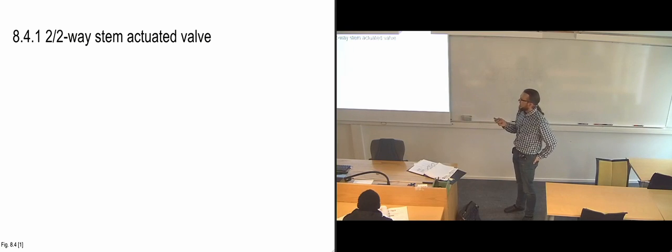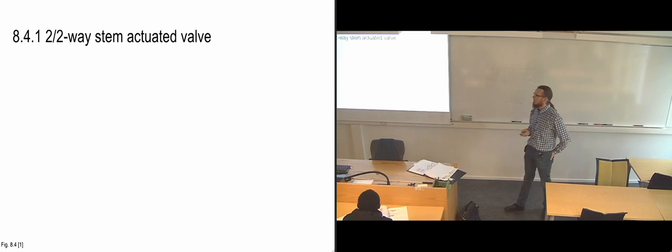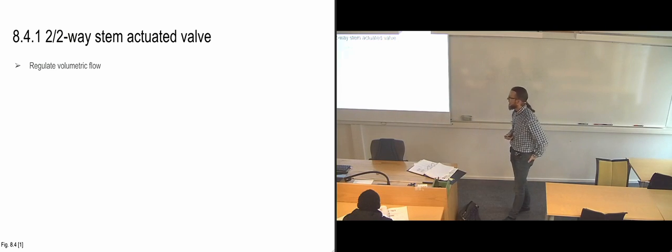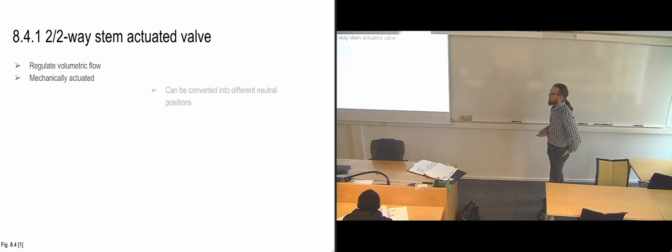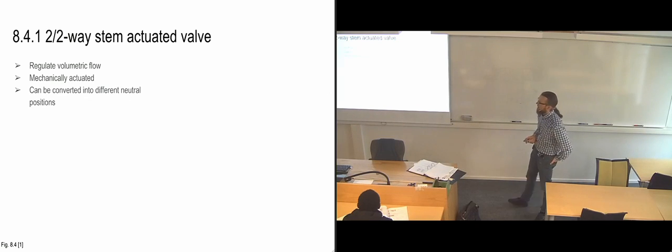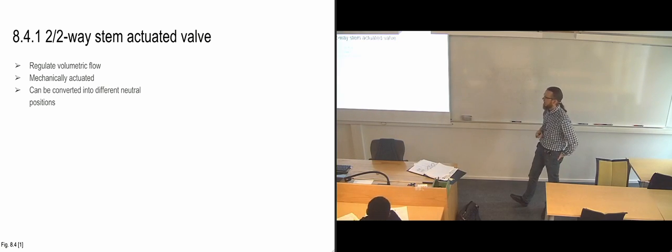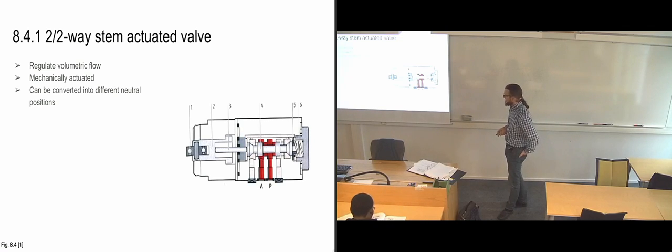So then we're going to look at a stem actuated 2-way valve. So this will be a mechanically actuated one. And it is often used to regulate volumetric flow. And it is, of course, mechanically actuated. And it can be converted into several neutral positions, so that you can have a bit to choose from there.